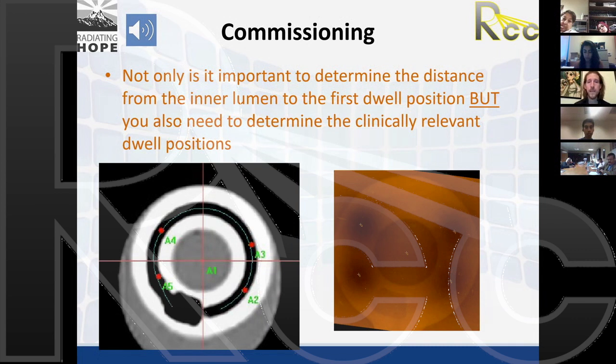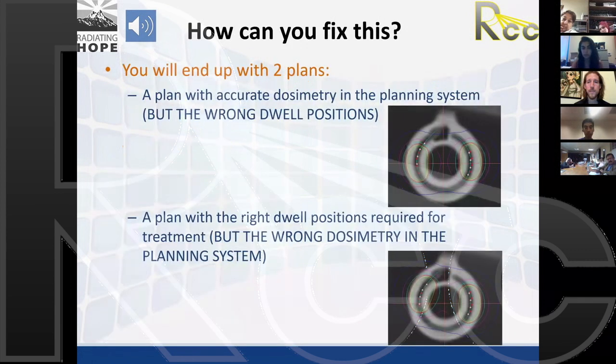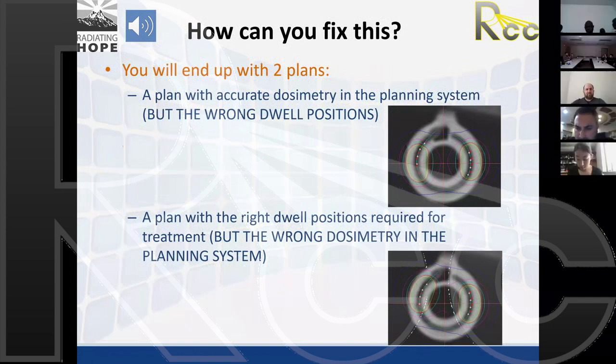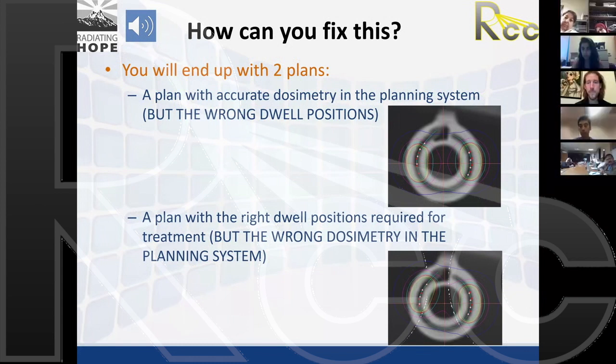So if you don't have an applicator model, an applicator library system provided, and you really want to plan the patient accurately, the first plan will have an accurately displayed dosimetry within the planning system. So the doses that you see on the screen of the planning system are going to look right. However, you're going to have the wrong dwell positions activated in this plan. You're then going to have a second plan that has the right dwell positions that are required for treatment.